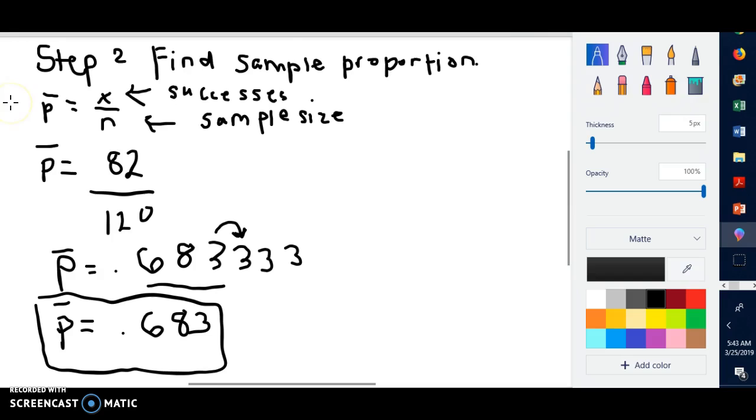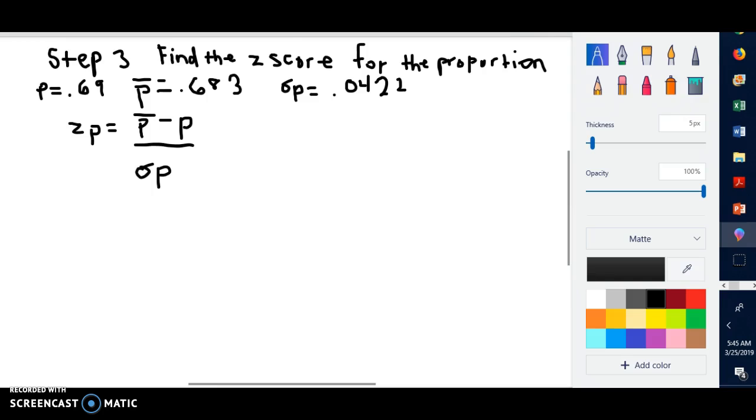Now we have one more step left before we go to our table. We're on step 3. We're going to find the z-score for the proportion. We're given that p is 0.69, and we found p hat, the sample proportion, to be 0.683, and in step 1 we found the standard error of the proportion is 0.0422. So the 0.683 came from step 2, and the 0.0422 came from step 1.